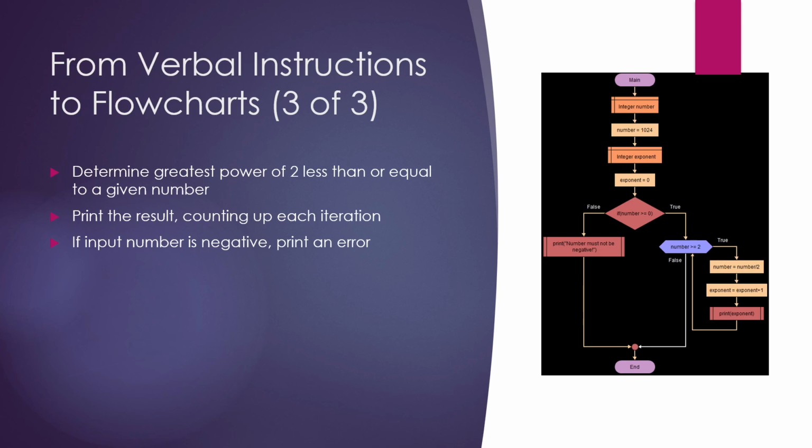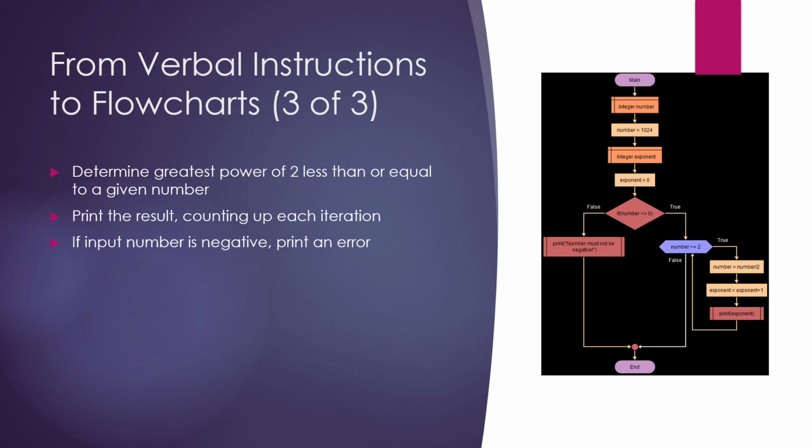We then have our exponent variable. That is also an integer that we initially set to 0. And the first thing we need to check is that number is non-negative, pardon me. And if it is not, if it is negative, then we print an error and our program ends. If it is, however, positive, then if number is greater than or equal to 2, then we follow a process to count up our exponents.